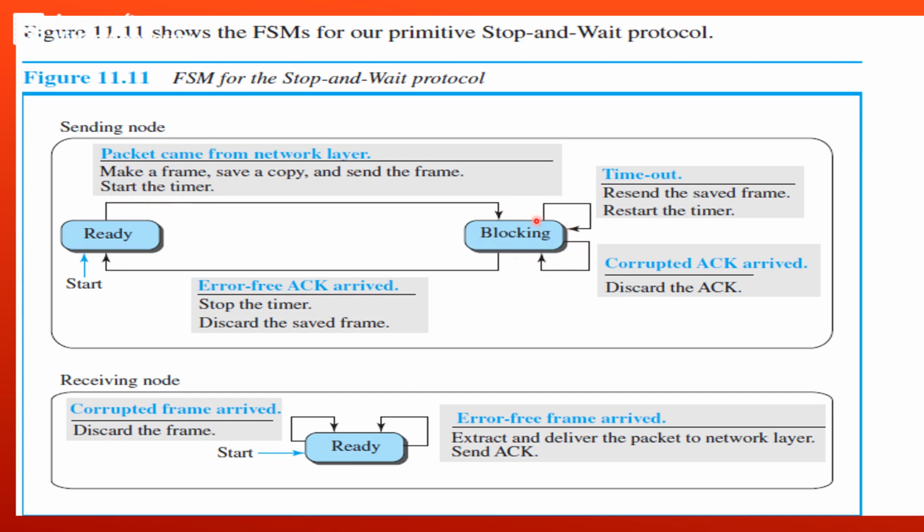At the blocking state, we can consider three events: timeout, corrupted acknowledgement arrived, and error-free acknowledgement arrived. Whenever the timer is out, at the blocking state, resend the saved frame and restart the timer.